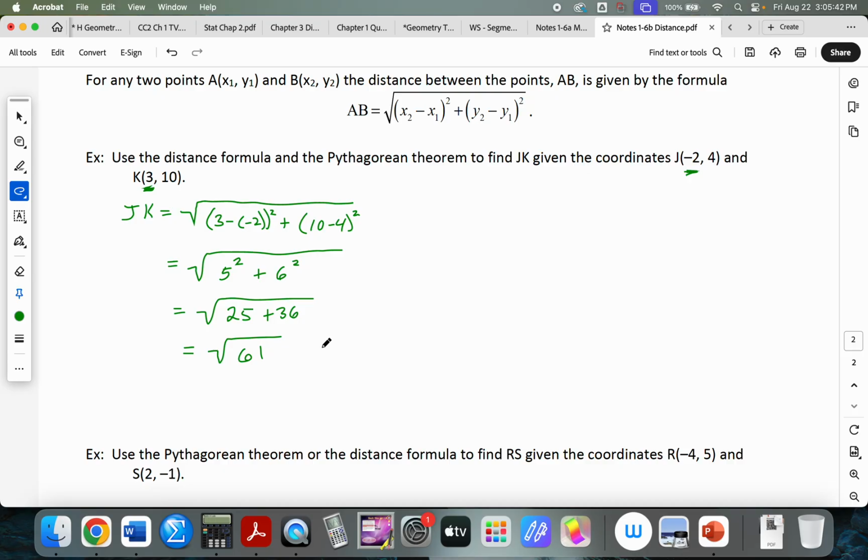On your assignment tonight, it's going to say, use the distance formula and the Pythagorean theorem. I'm going to give you your choice. If you want to do it by the distance formula, great. If you want to take the time to graph it and then do the Pythagorean theorem, you can do that also. It is your choice.